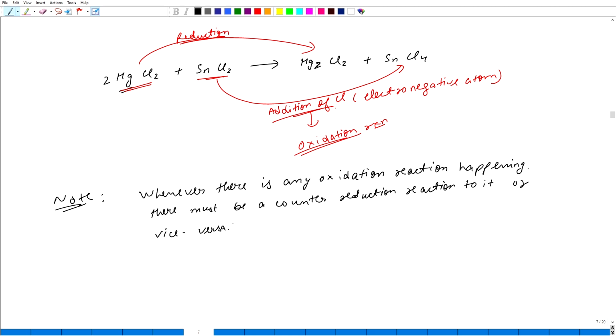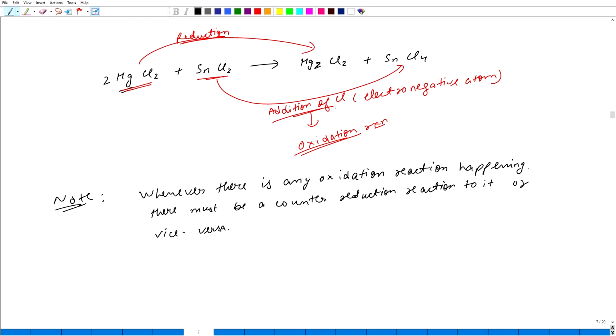That means, whenever there is an oxidation reaction happening, there will be a reaction that is called reduction reaction happening. Similarly, when reduction is happening there will be an oxidation reaction to counter that equation. That means, both the equations correspond to each other, both the equations always go together.